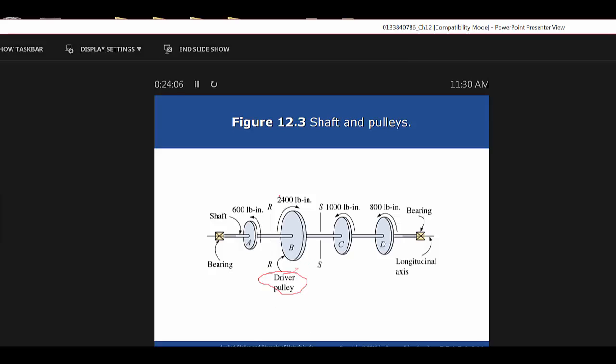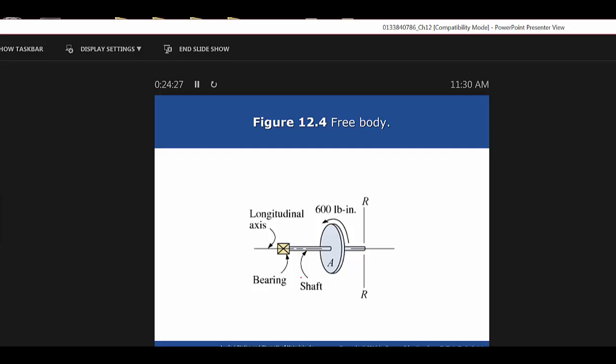They're showing it right here, RR, anywhere between A and B. And consider the left portion of the free body diagram, shown in the next little bit here. So we go to that one, and there's the cut.